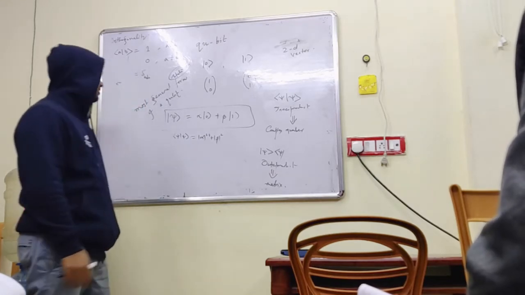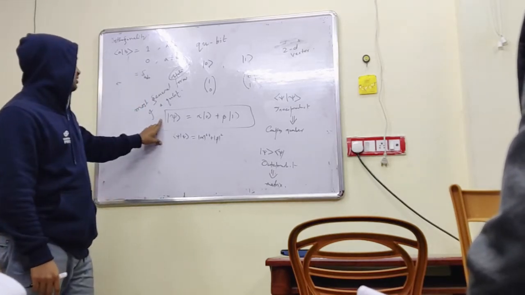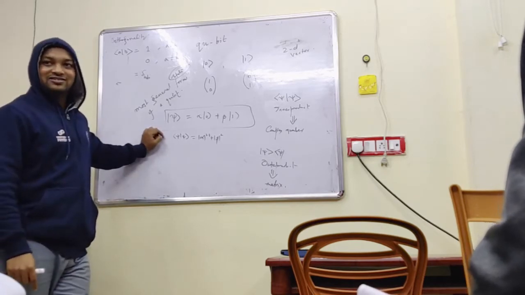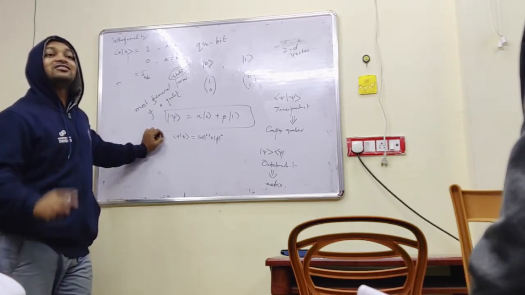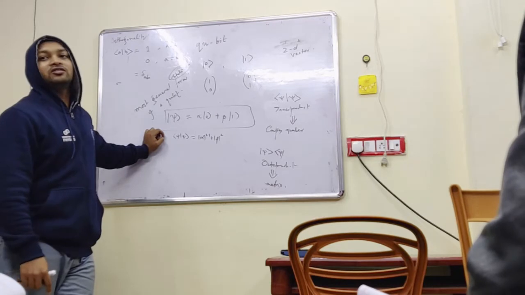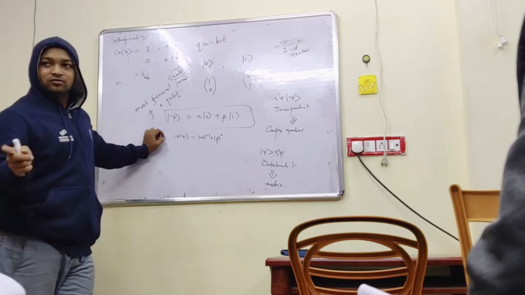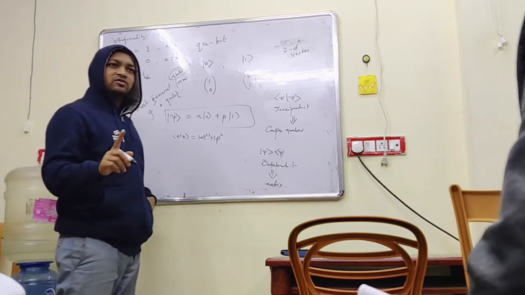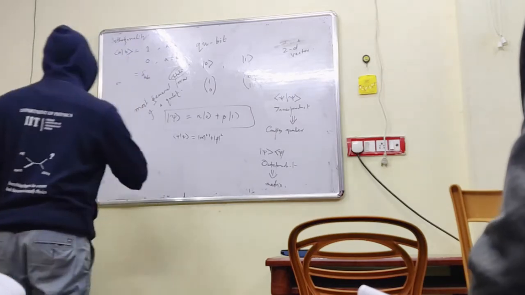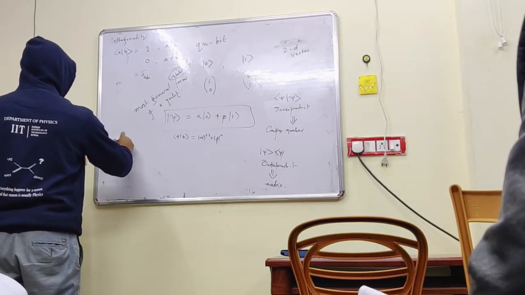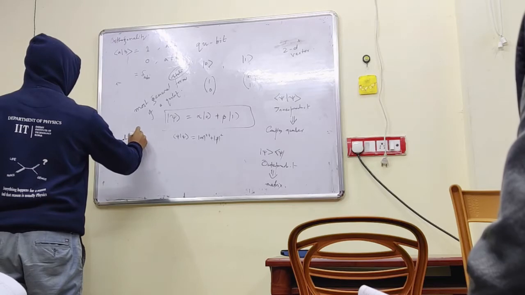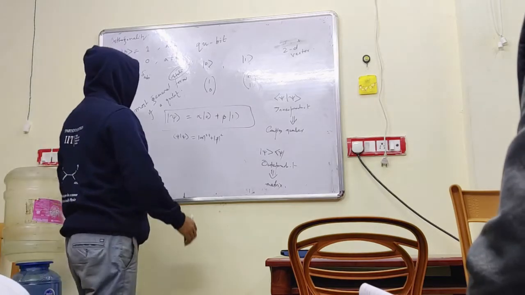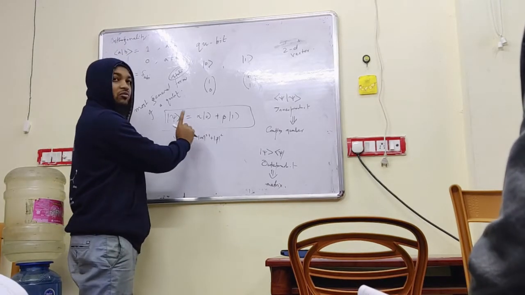What was I telling? I forgot. Okay. So this is a quantum mechanical state. Every quantum mechanical state has this property, the property of normalization. Have you studied quantum mechanics basics? Okay. So normalization. How to show the normalization of this state?